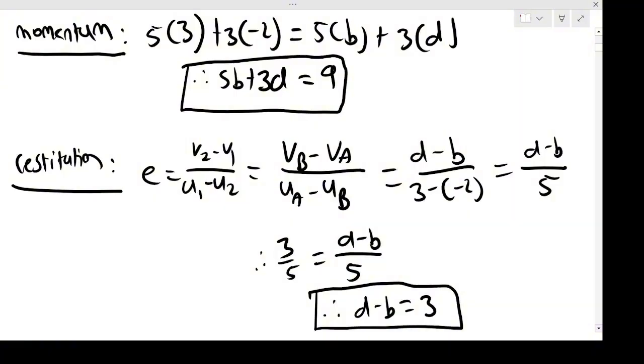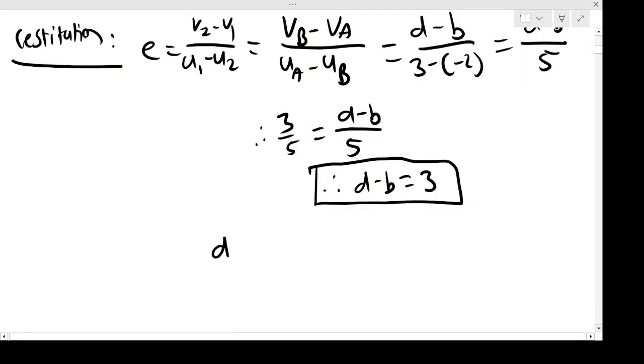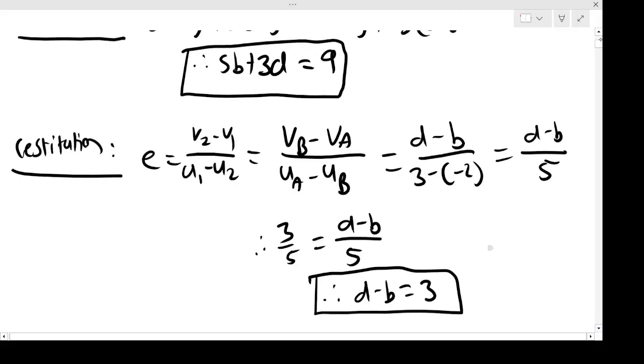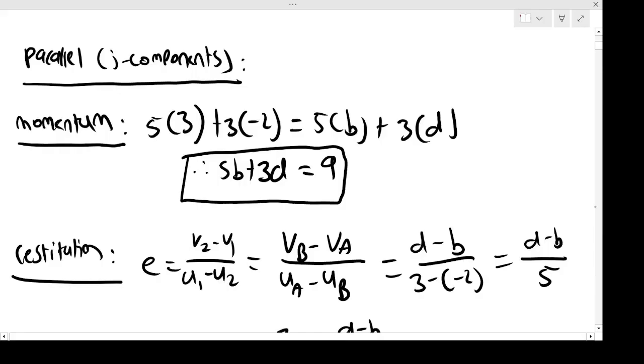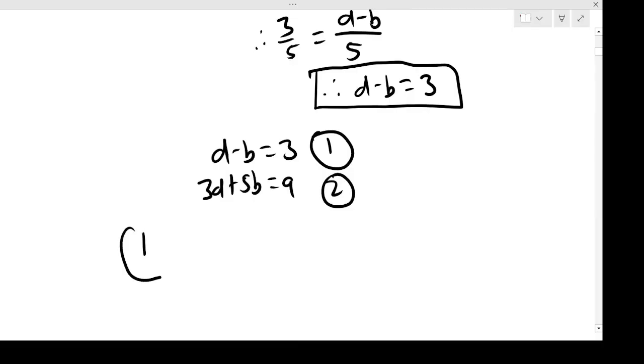And so it just boils down again to simultaneous equations. So I have D minus B is 3, and I also have that 5B plus 3D is 9, and so I'll solve them simultaneously. Well, it probably helps to, let's say, triple the first equation.